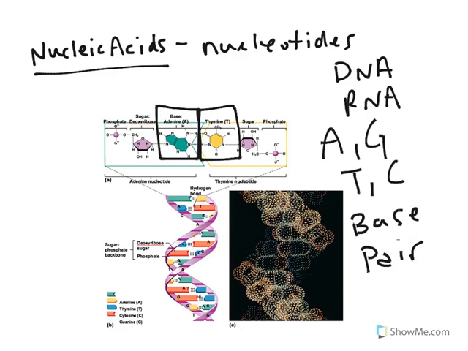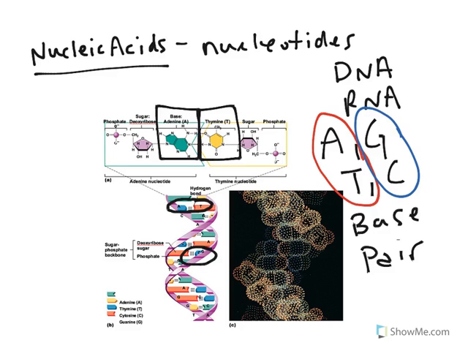So base pair, meaning you always see A and T bound together, and you always see G and C. So they're complements, meaning when you look at this picture over here, you see an A and a T directly across from each other, always. Okay, and you see a G and a C always.